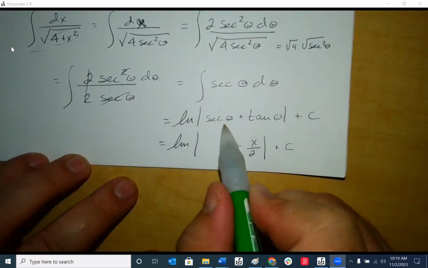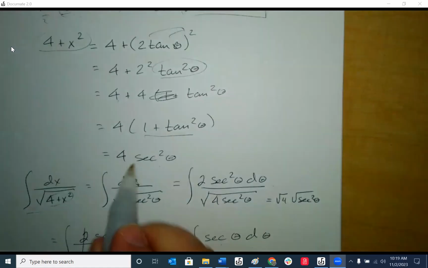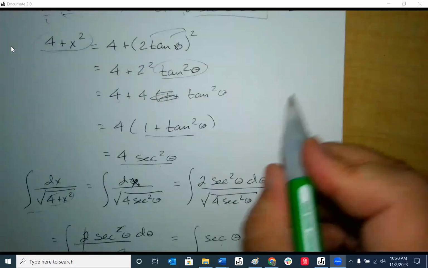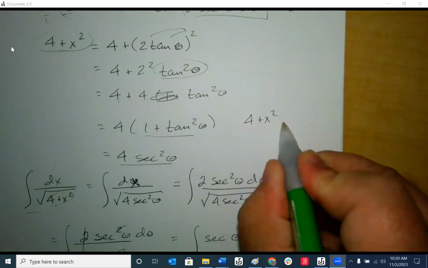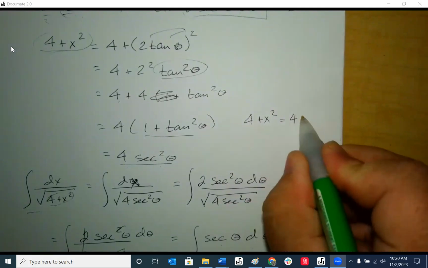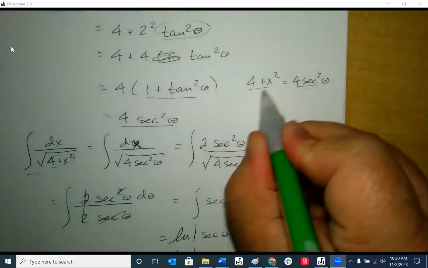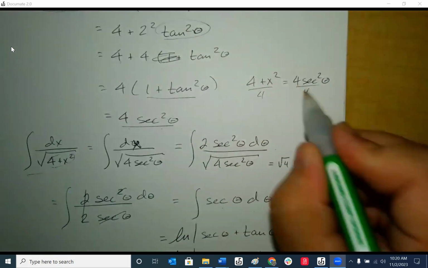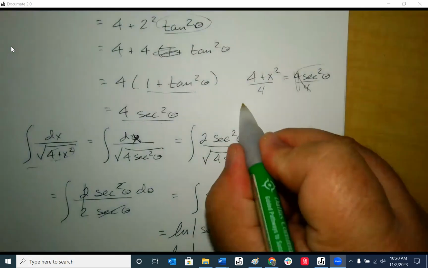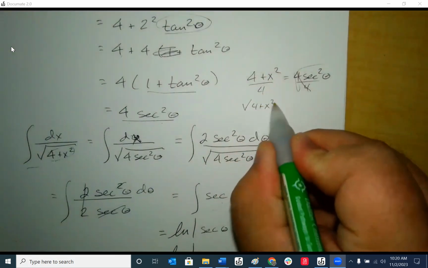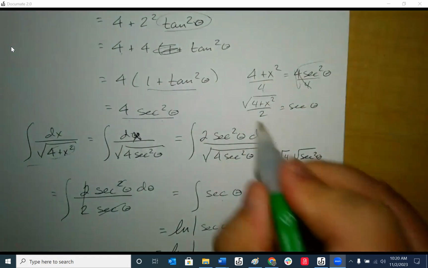Now we're going to find out what secant is. So we know that 4 plus x squared equals 4 secant squared theta. Divide by 4. And if we square root, we'll have the square root of 4 plus x squared over 2 is equal to secant theta.